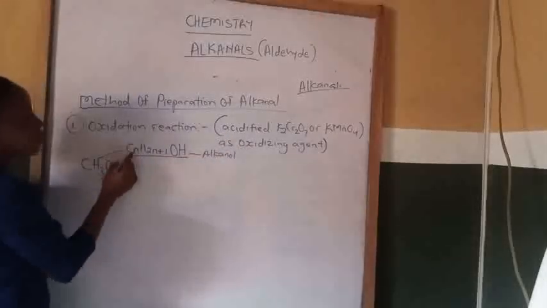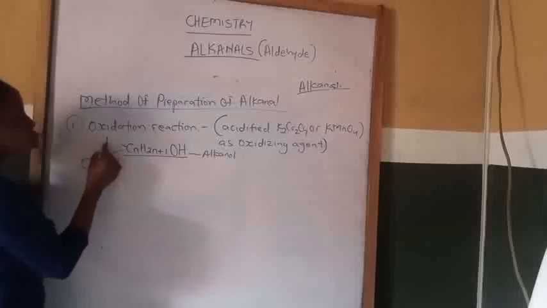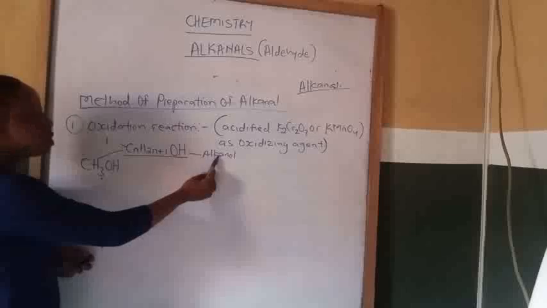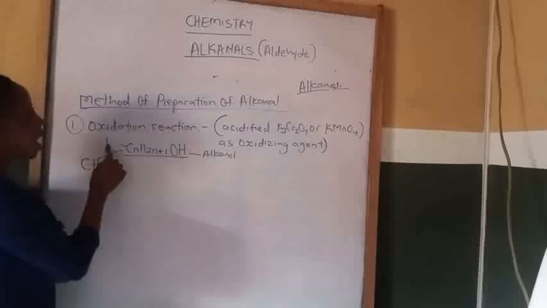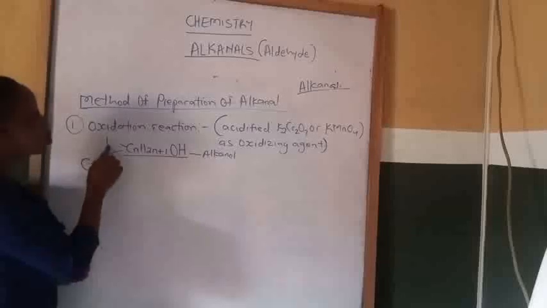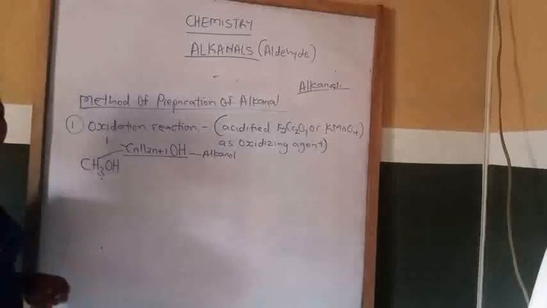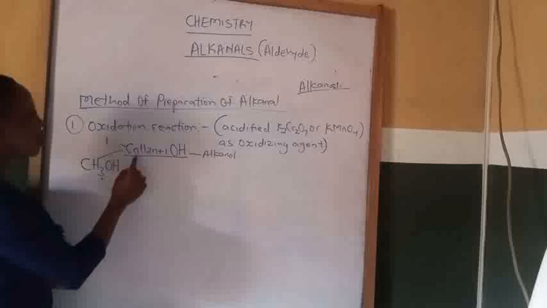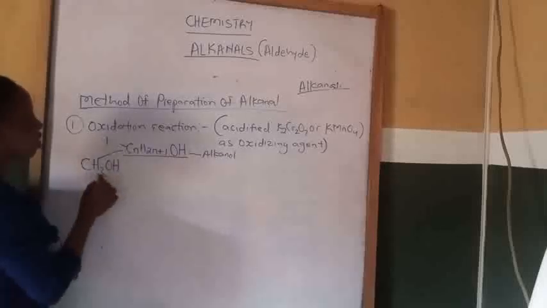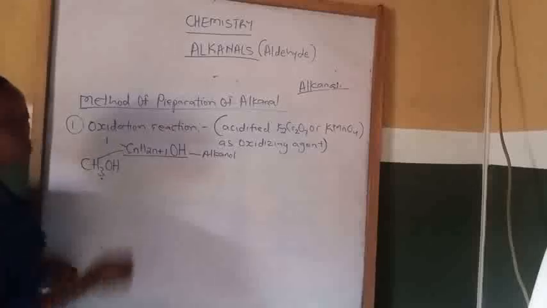To derive the first member, you substitute 1 into this general formula. Since methanol is the first member, C times 1 gives C, then 2 times 1 is 2 plus 1, that's CH3, plus your functional group OH.